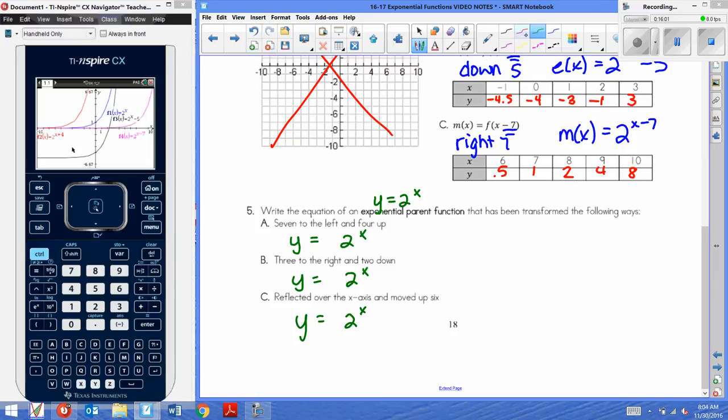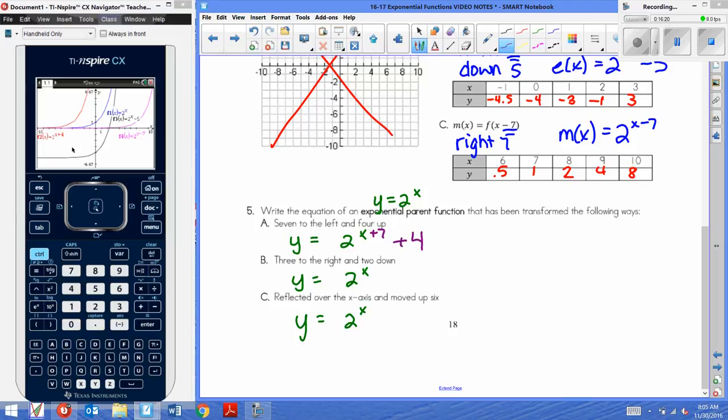And I'm going to do all of my modifications in purple. So 7 to the left, well, that means we are going to have a plus 7 up in our exponent, and 4 up would mean plus 4 on the outside of the function.